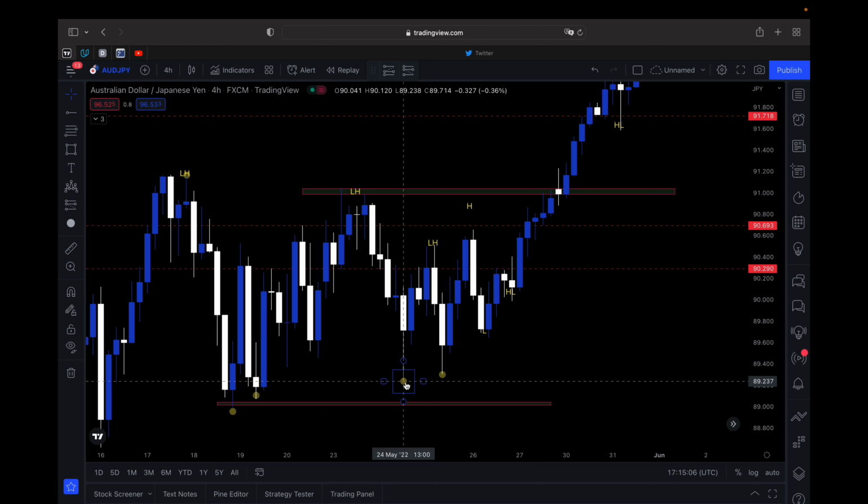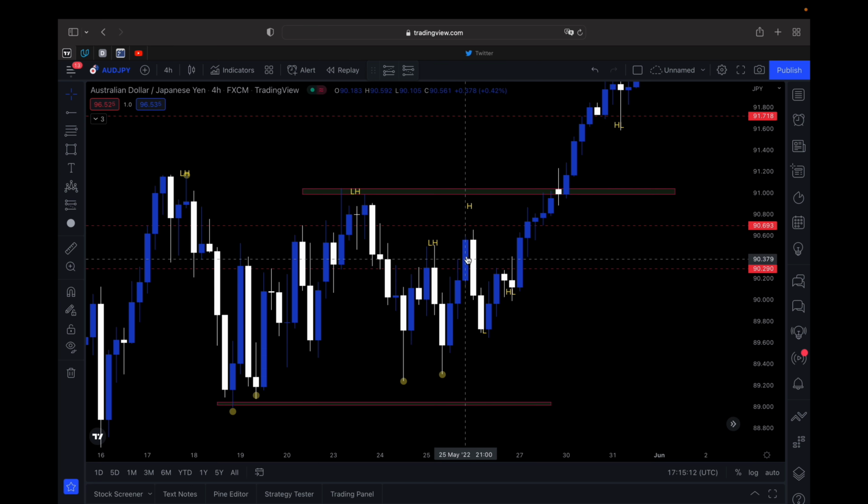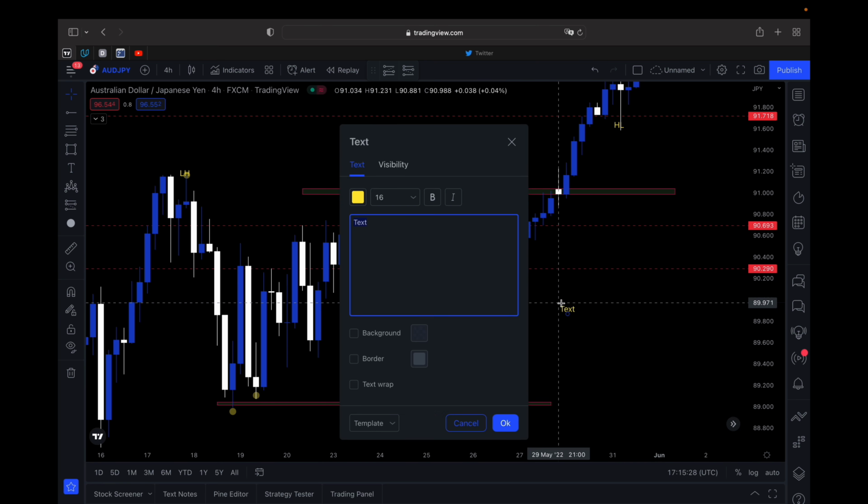Price could not break this previous low here, so it created a higher low instead. So price went up, broke this level. So this is called change of character, because price broke this level here. So I can call here my change of character.